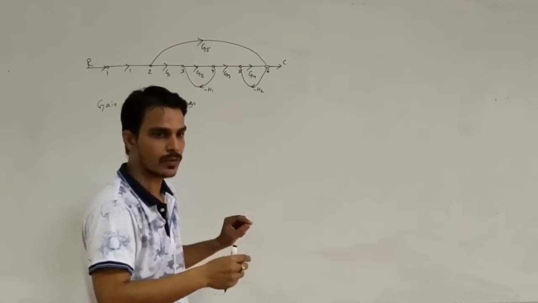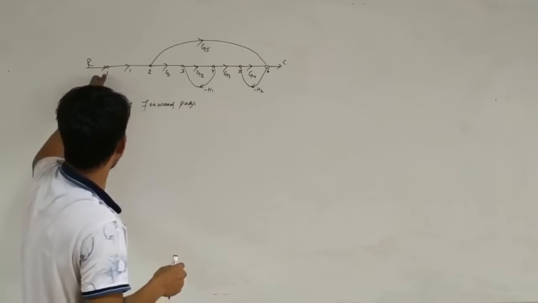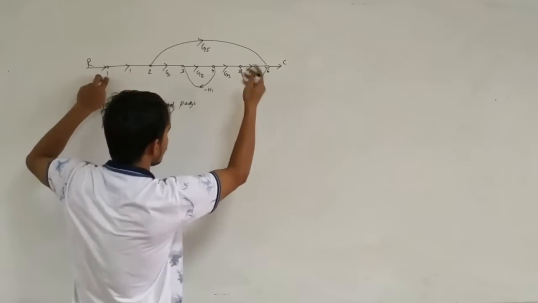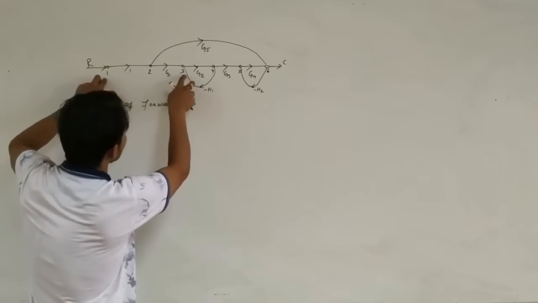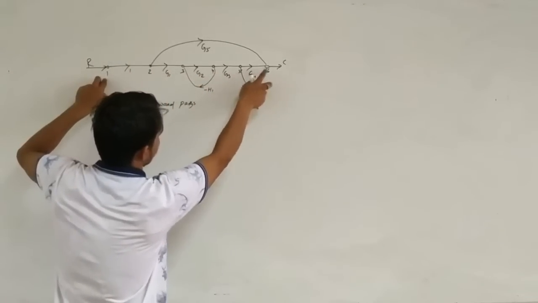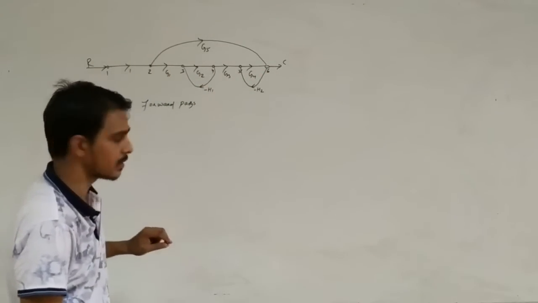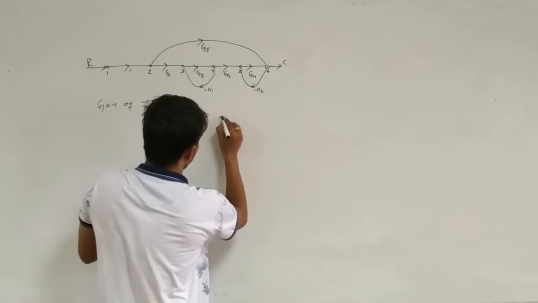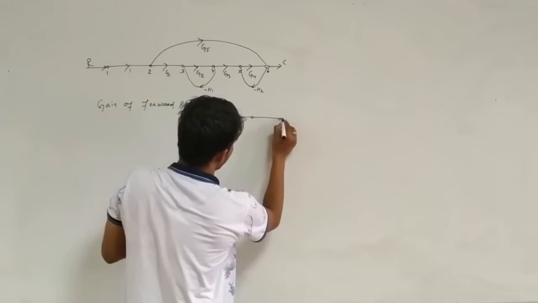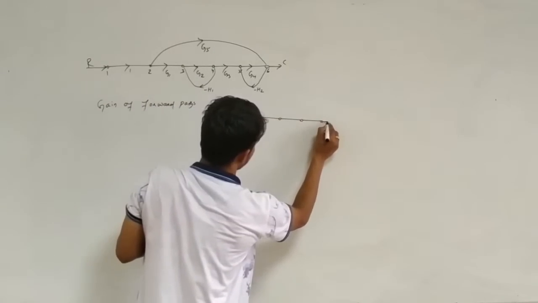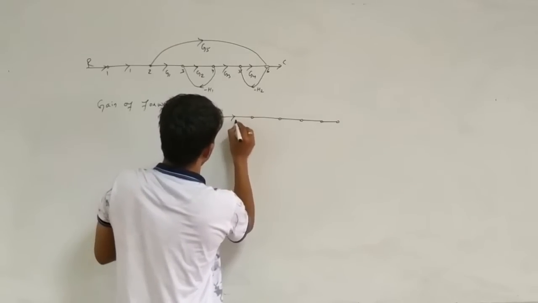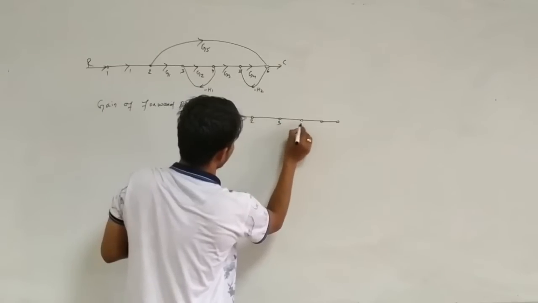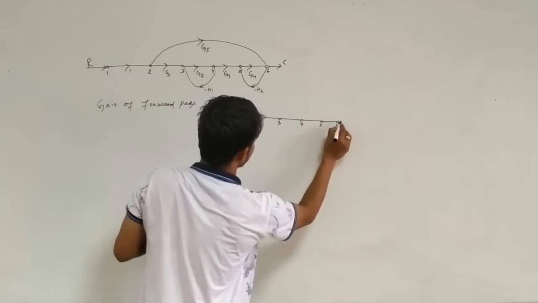So from node 1 to 6, how many ways can the signal travel? Node 1 to 2, 2 to 3, 3 to 4, 4 to 5, 5 to 6 can be a path.